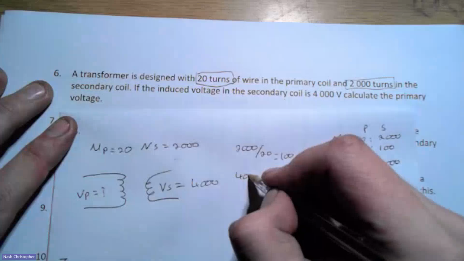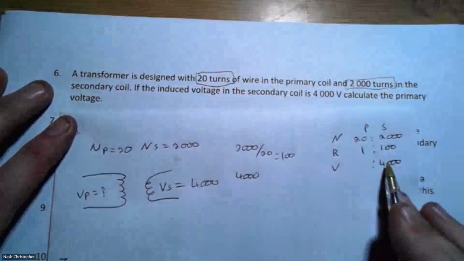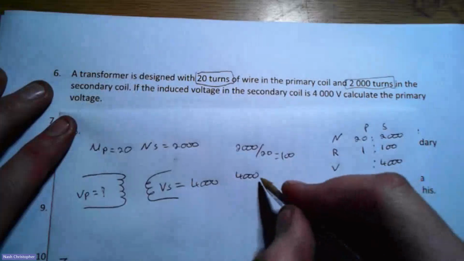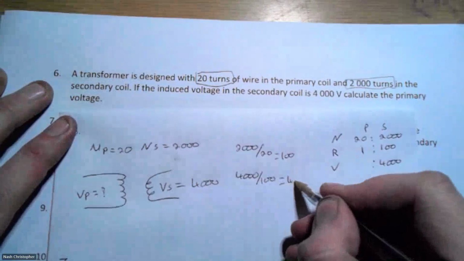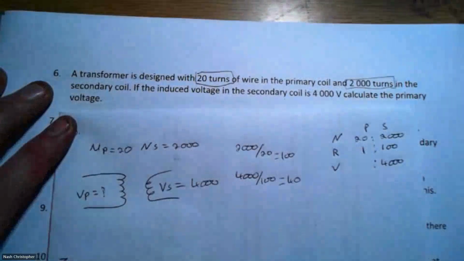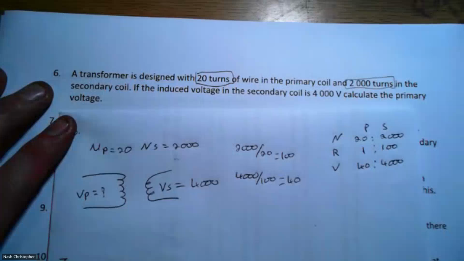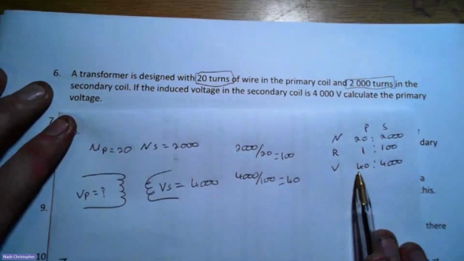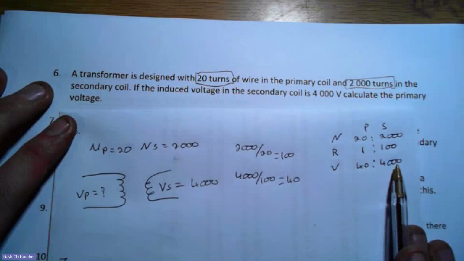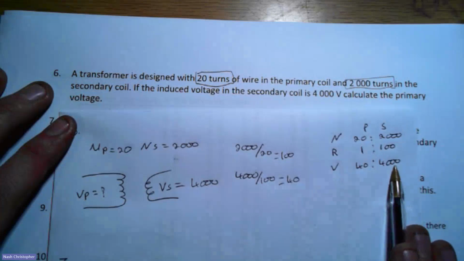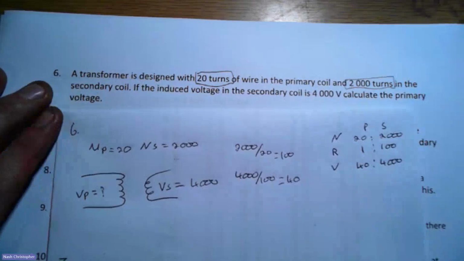So we need to reduce the 4,000 secondary voltage by 100, which gives us 40. So our primary voltage is 40. So we can see that everything on the right-hand side is 100 times bigger than on the left.